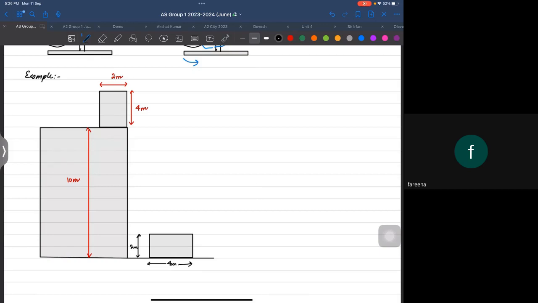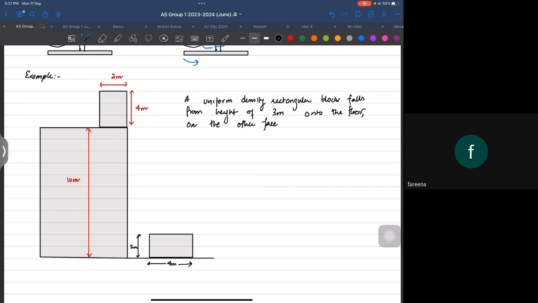Now, the question says that a uniform density rectangular block falls from a height of 3 meters onto the floor, on the other face, as shown.